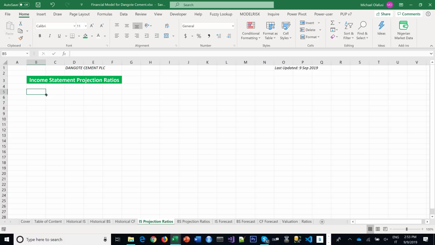So what I'm going to do right now is create a scenario picker here, so we can create different scenarios for different assumptions, things like best case, worst case, and the base case. So I'm going to say select scenario.